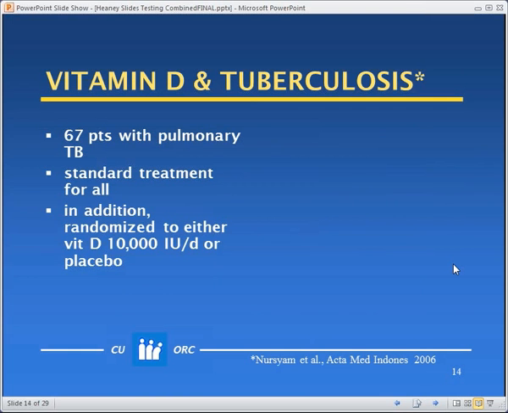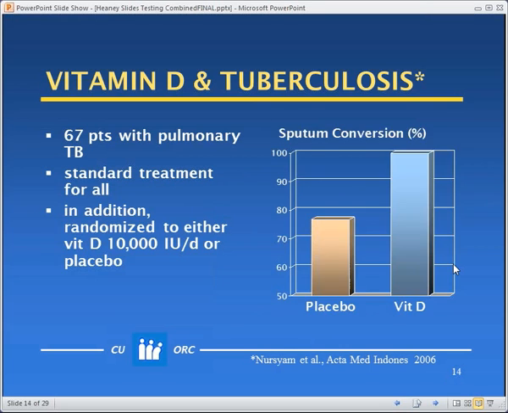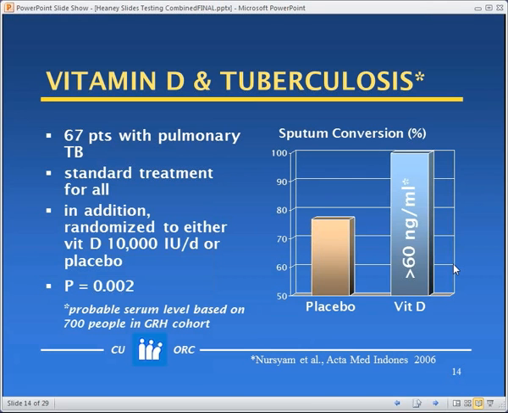A couple of other studies that have been done can show specific serum levels that I think are very interesting. One is vitamin D and tuberculosis. These people had 10,000 international units a day or a placebo group, and at the end of their study, everyone who had gotten the vitamin D had what they call sputum conversion.